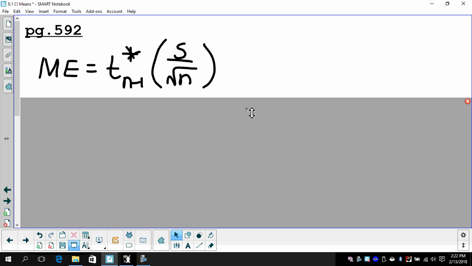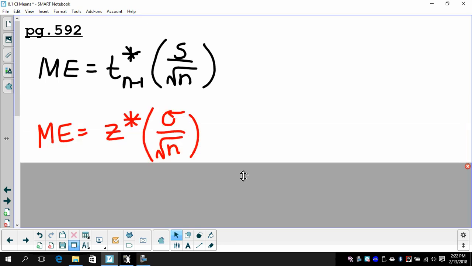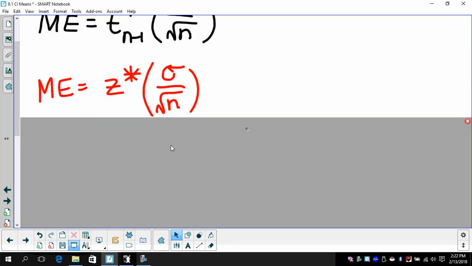But since we need the sample standard deviation to calculate the margin of error, if we don't know how many individuals we're sampling, we don't know what n is. We don't know what n minus 1 is. So we are going to use z star like we did for proportions, and we'll use sigma.